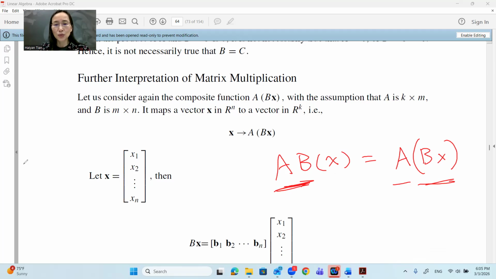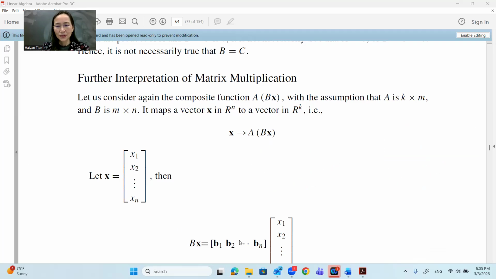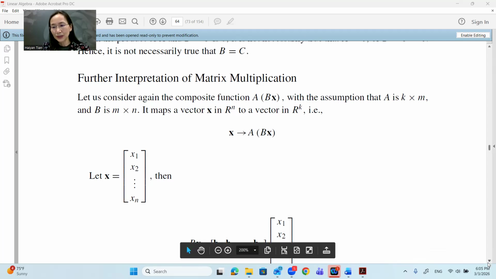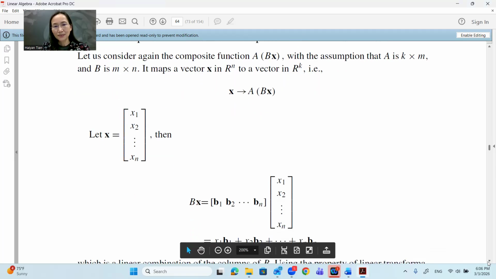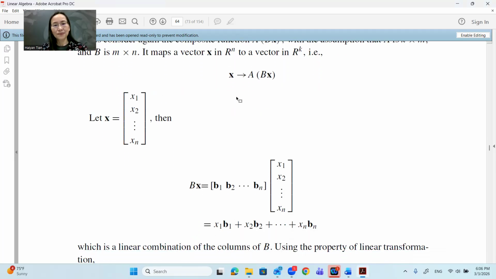So our goal right now is to find the matrix. How do we calculate the matrix that represents this composite mapping? To get the transformation matrix of this composite mapping, we think of the definition of the matrix AB, which should define such a mapping.